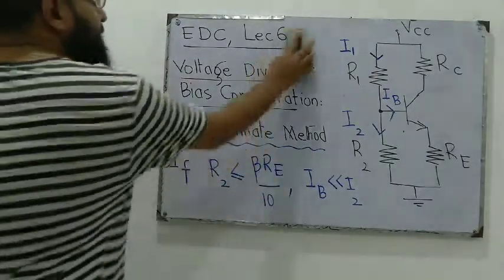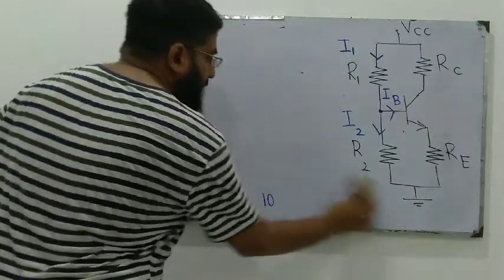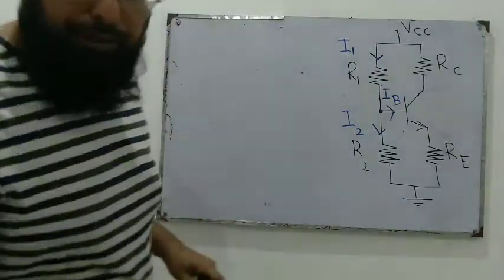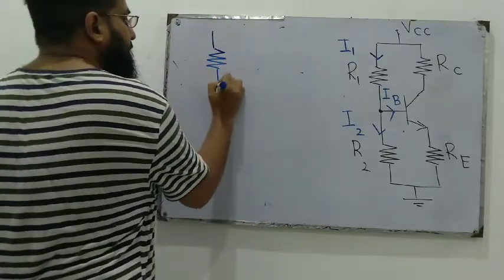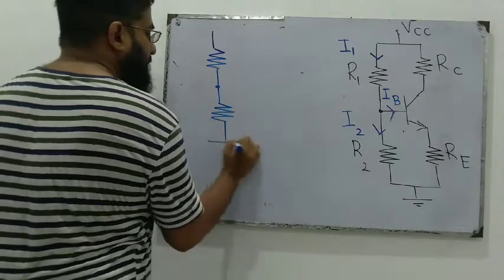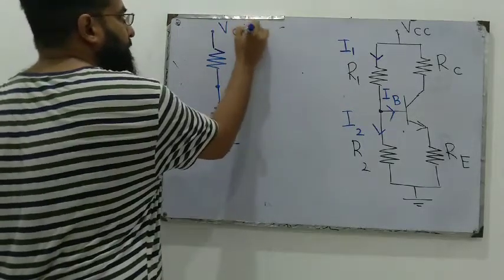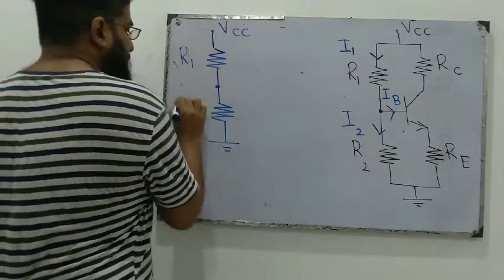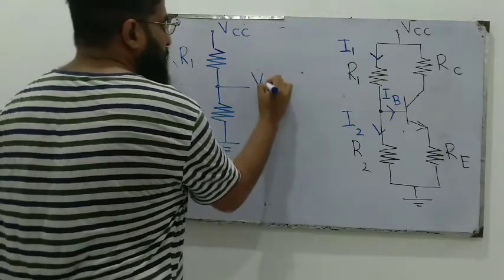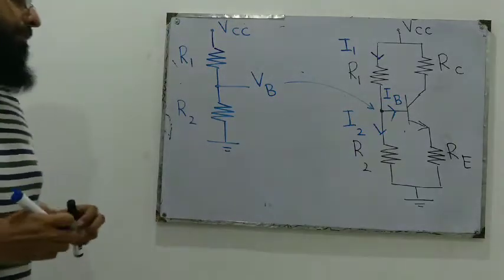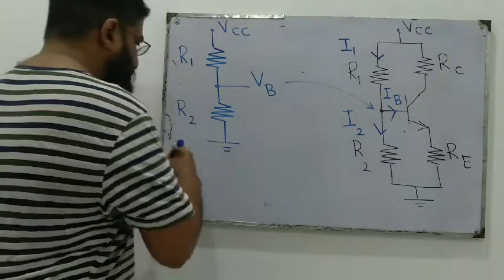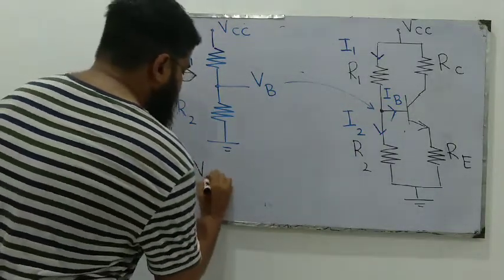If we neglect the current that enters into the base terminal, this means we have this voltage divider network and the voltage here would be VB. This VB can be computed using the voltage divider theorem.